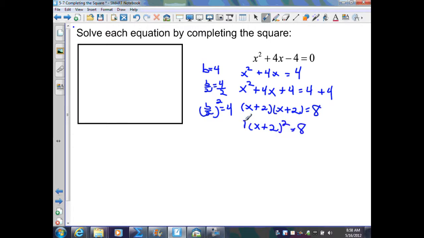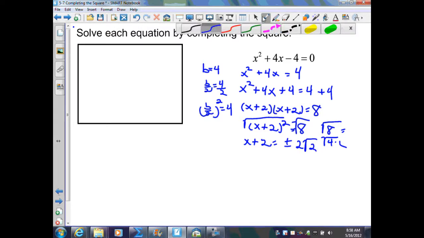Now I can take the square root of both sides, and that gives me x plus 2 equals plus or minus the square root of 8, which I know breaks into the square root of 4 times 2, which is going to give me plus or minus 2 square roots of 2.